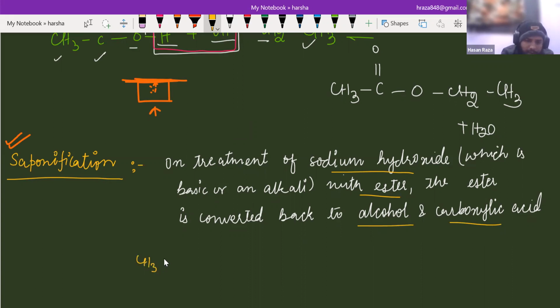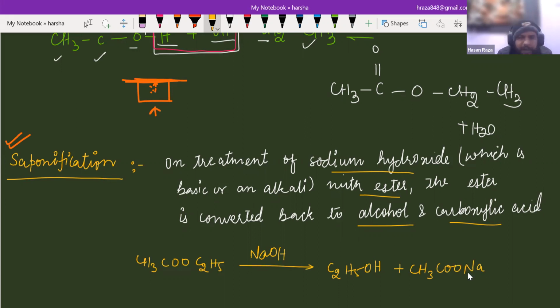You can see this is your ester, CH3COOC2H5, and if you react this with NaOH, that is sodium hydroxide, it will be converted into C2H5OH plus CH3COONa.